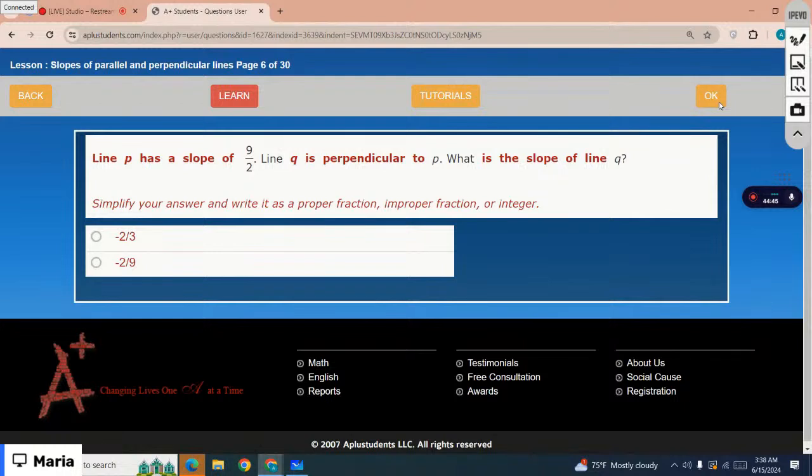Line P has the slope of 9 by 2. Line Q is perpendicular to line P. What is the slope of line Q? So which is the correct option?